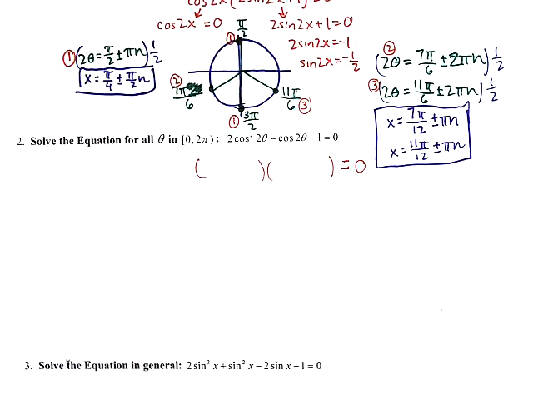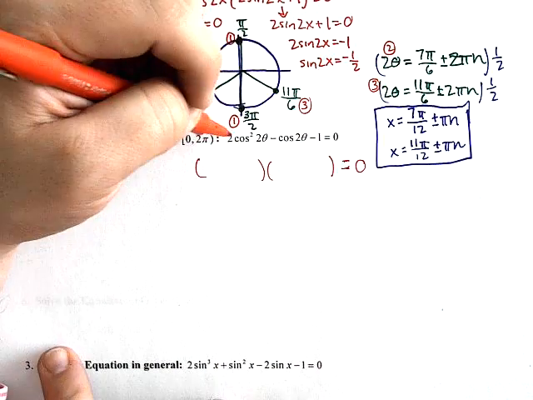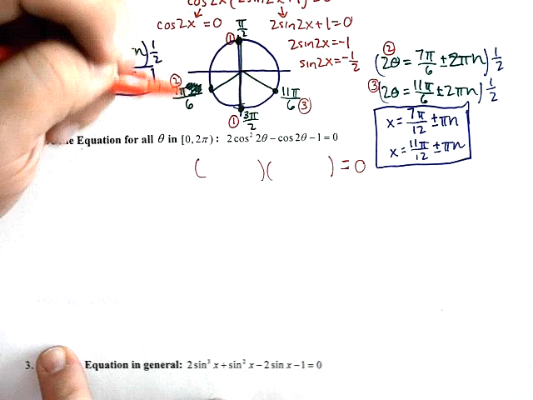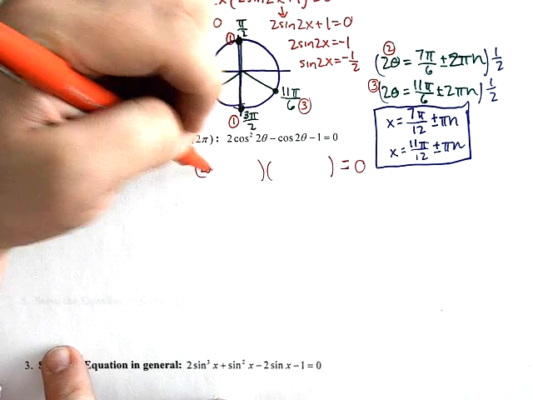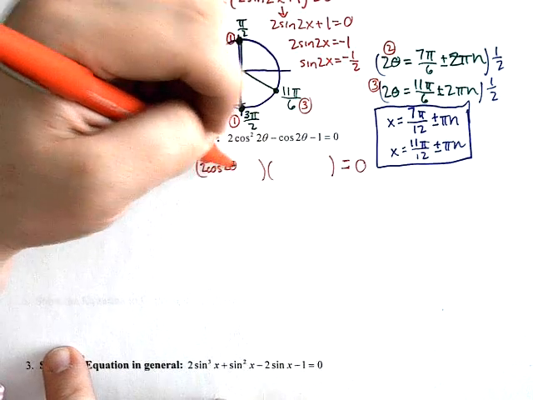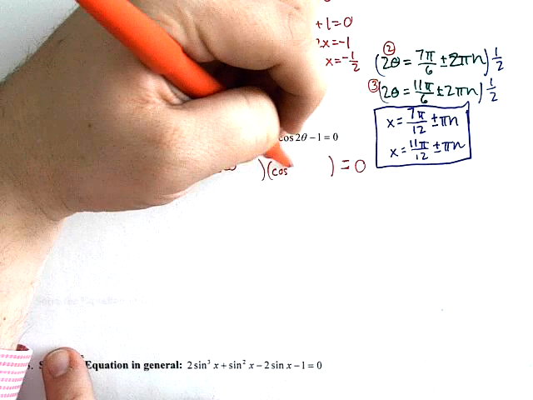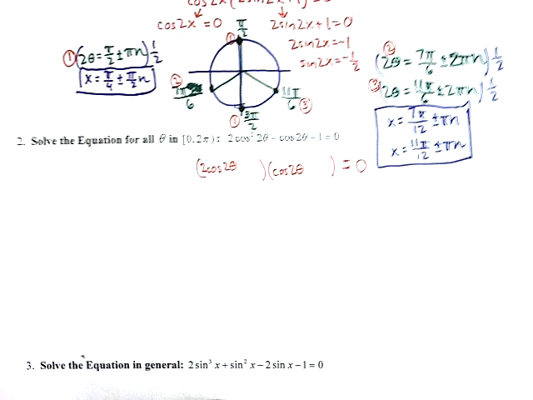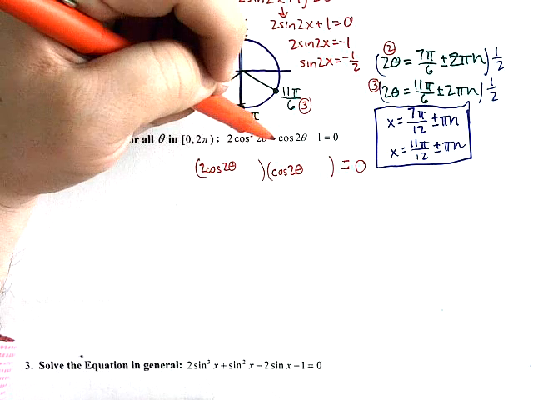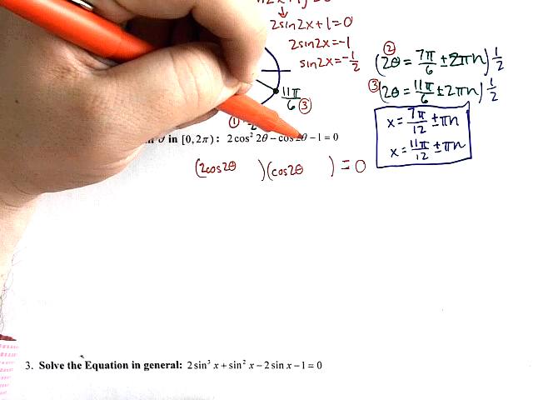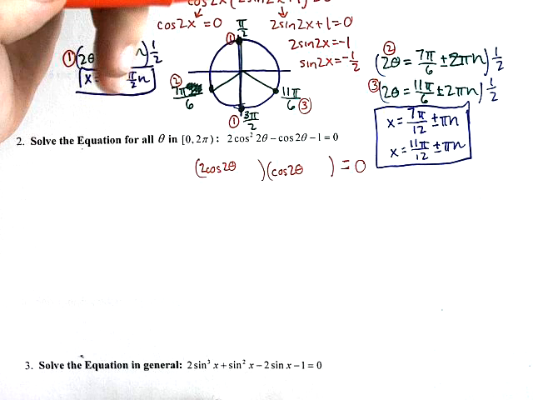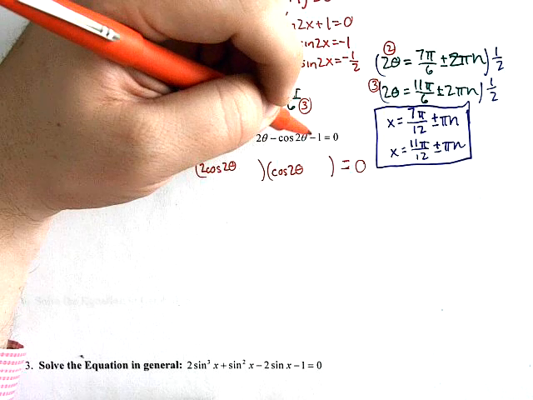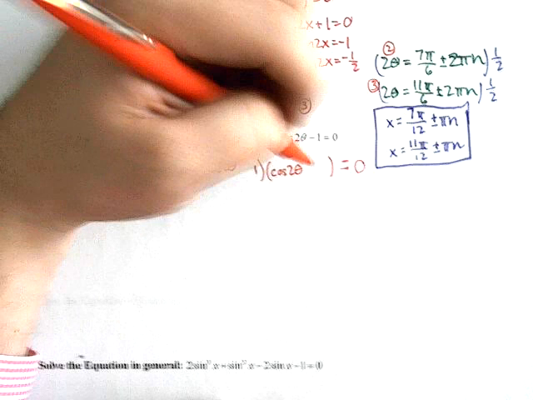Well, 2 cosine squared means I'm going to need 2 cosine in one, and then cosine in the other, because when I multiply these back together, I get 2 cosine squared. If I need it to be minus cosine 2 theta, well, this is a 1, so I know it has to be 1 and 1.